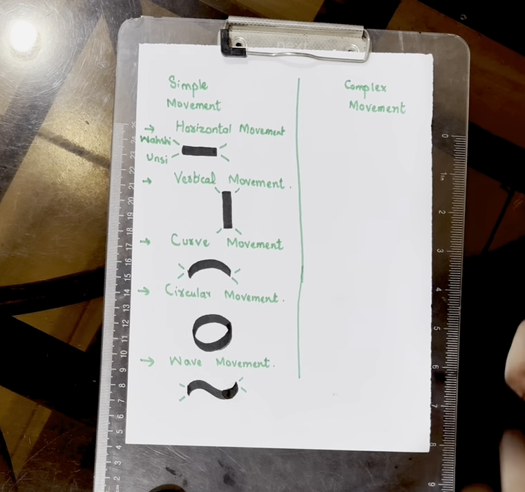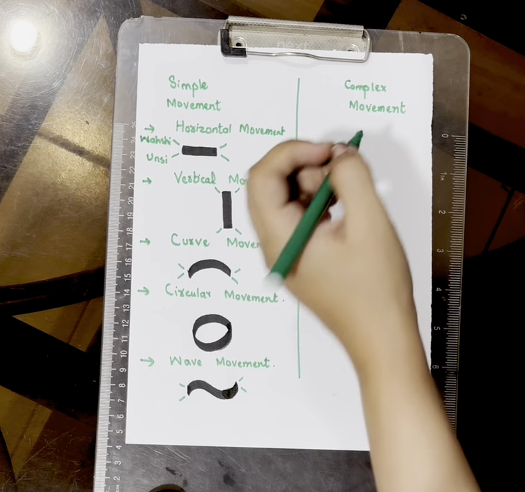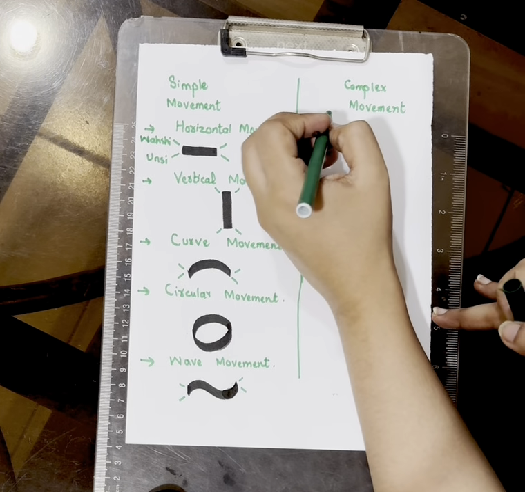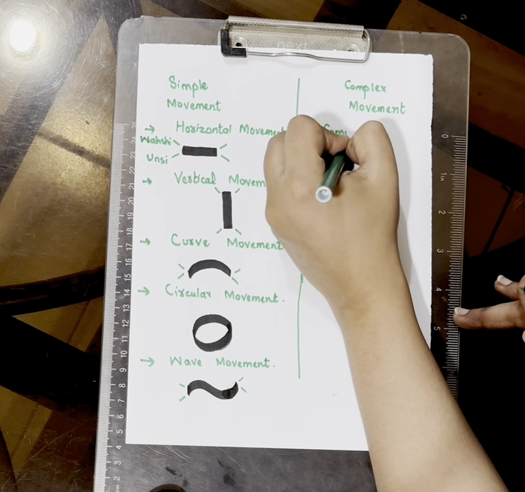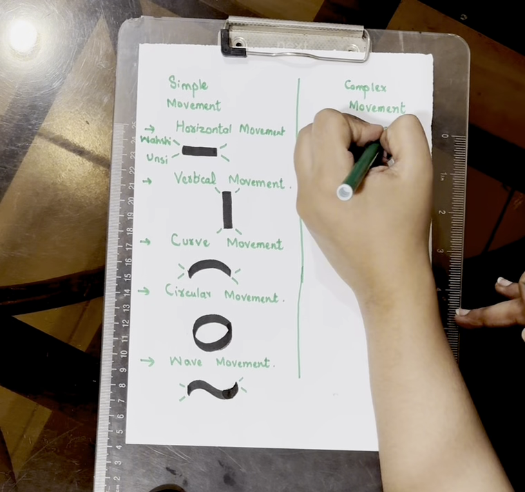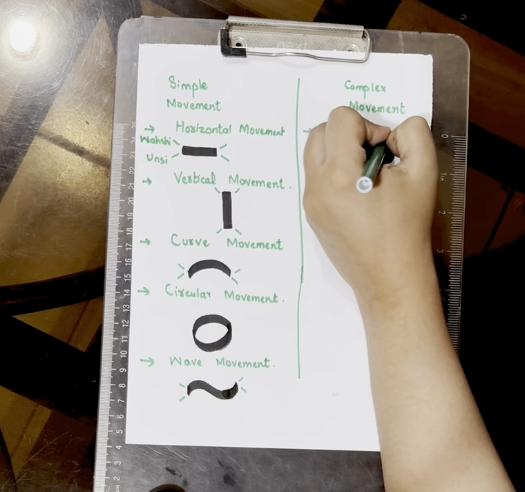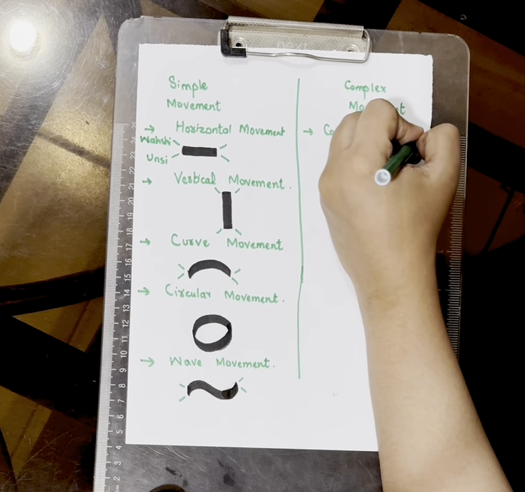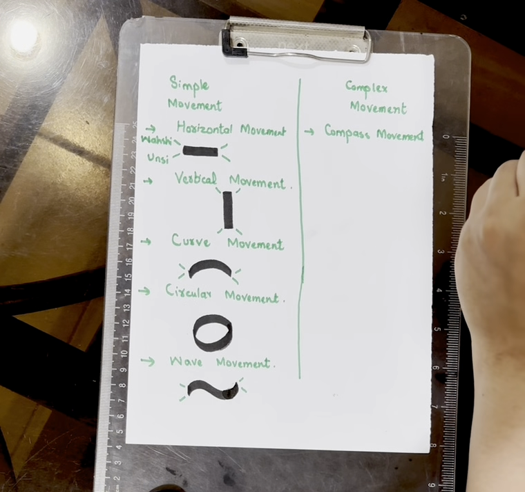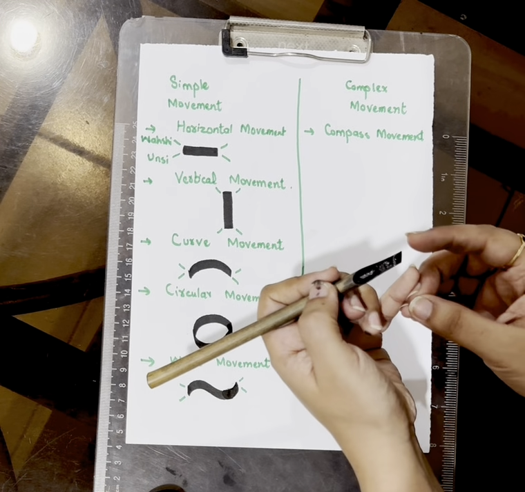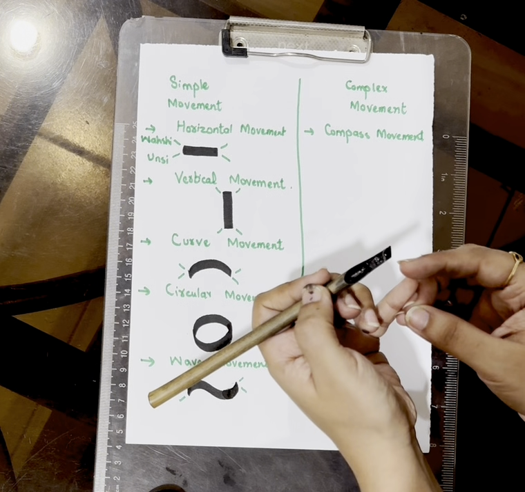Means the complex movement is divided into compass movement. Simply means this is the washi and this one is the unsi.